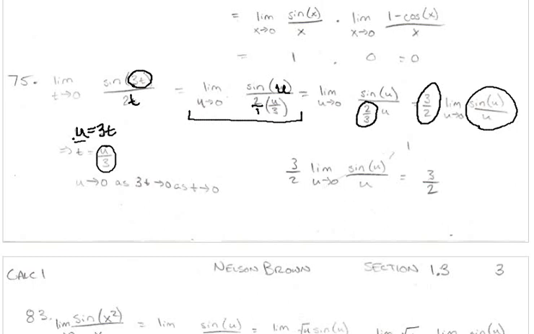The limit as u goes to 0 of sine of u over u goes to 1. So I'm only left with 3 over 2 times 1, which is just 3 over 2. And that's the answer to number 75. We'll go over it a little bit more in class. You can also look at example number 10 on page 66 for a further illustration.